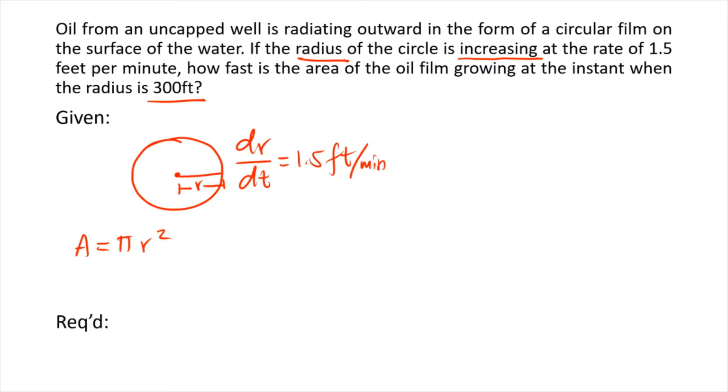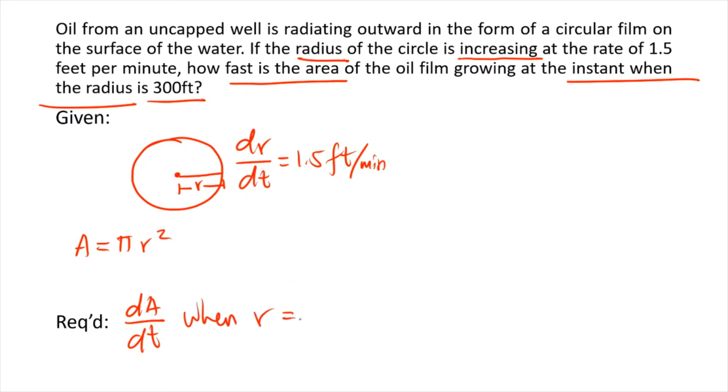So what we want is the rate of change of the area over time, that's dA/dt, at the instant. So we have a condition when the radius, or r, is 300 feet. Let's solve using the formula for the area of a circle. A equals pi r squared.